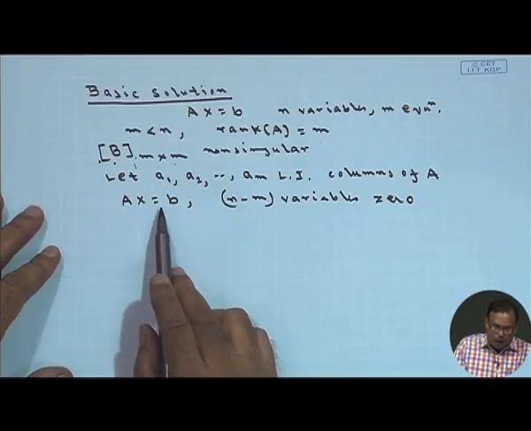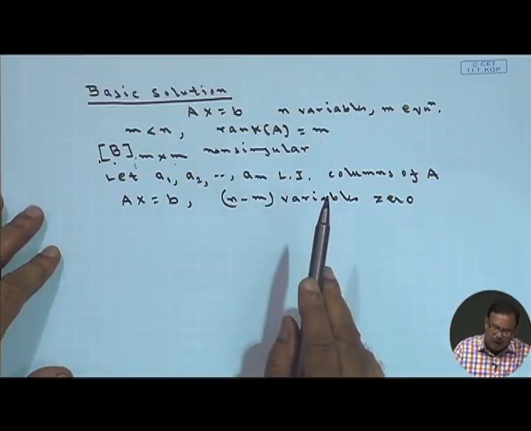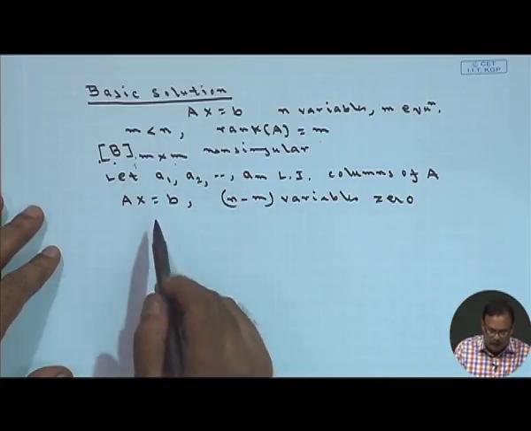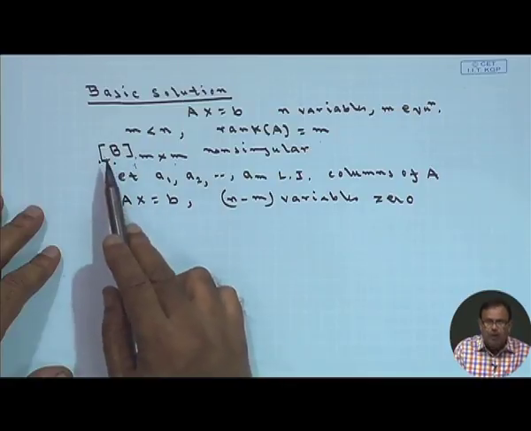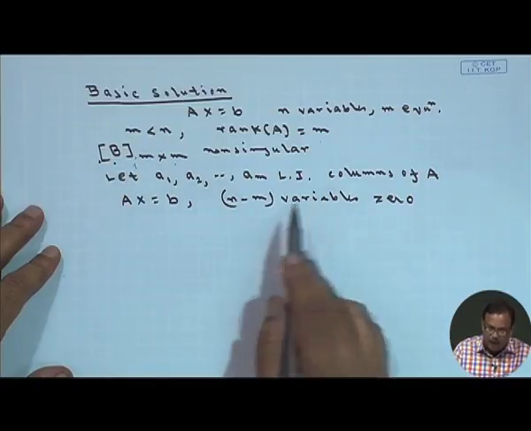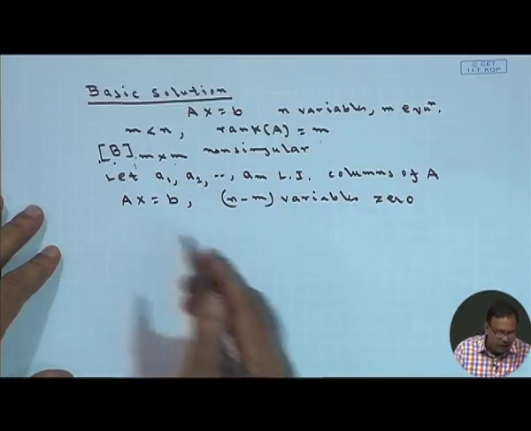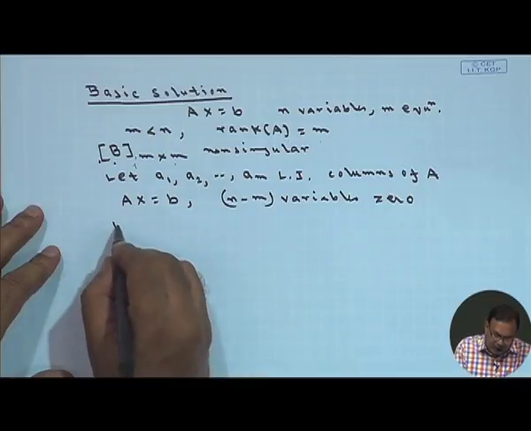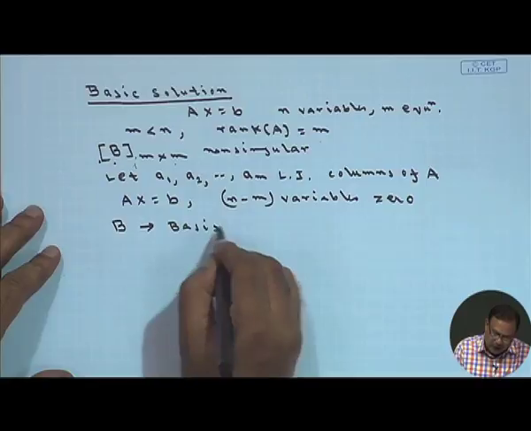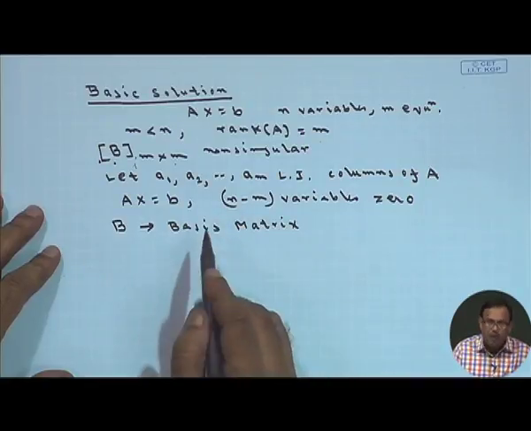So I have m decision variables from where I can obtain the solution, and the remaining n minus m variables we make 0. This matrix B we call the basis matrix.